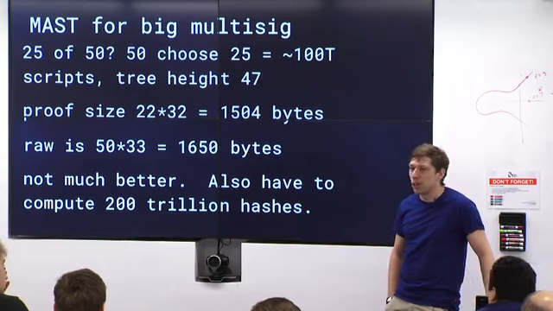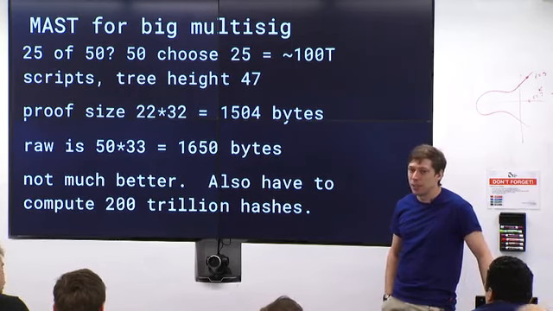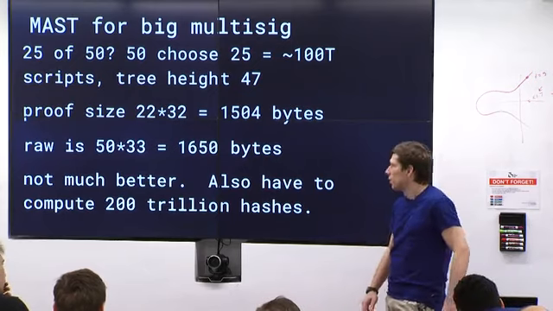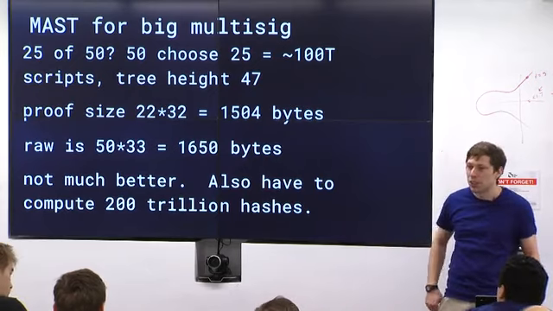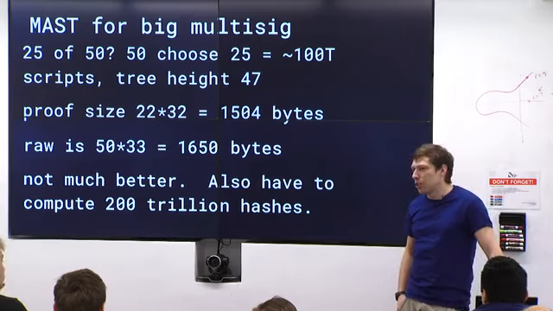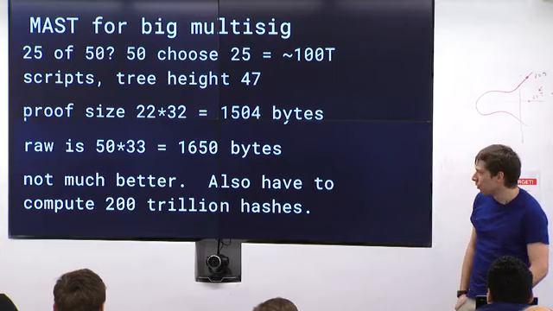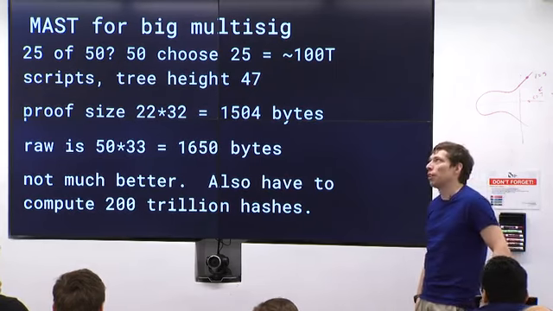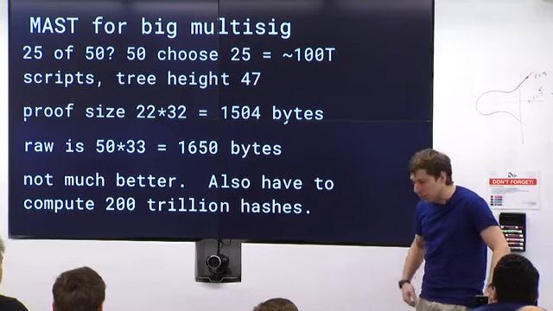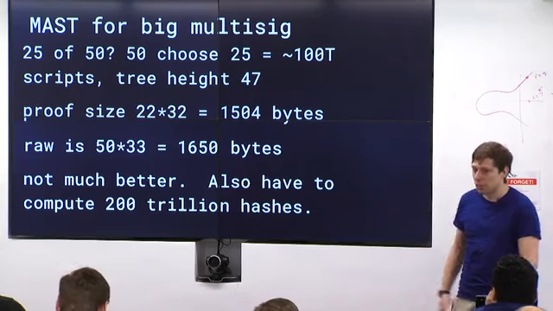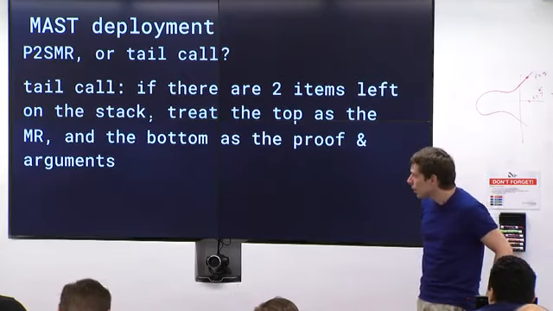Someone either was just joking around and made this weird sparse tree with all these branches and a height of 47, or there's 200 trillion possible spending outcomes. So it reveals information about the things that were not spent. Even though it doesn't reveal what the scripts were, it to some extent reveals how many there were. Okay.